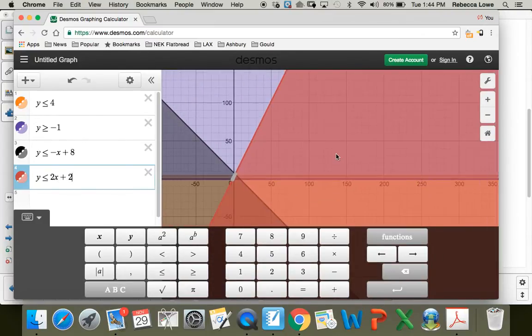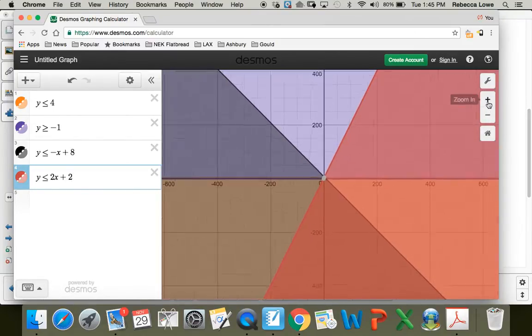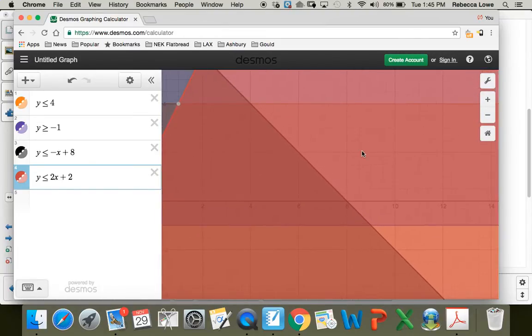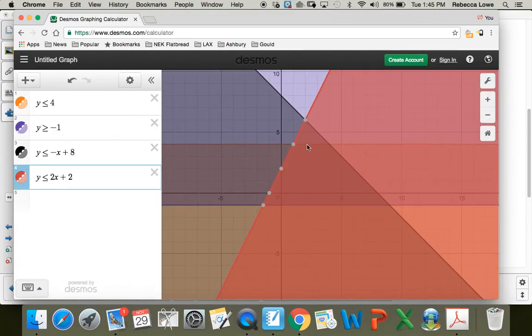So where the shading overlaps is the solution, and it's sometimes very difficult to see. But if I zoom in, I can see that the shading overlaps in this area right here. So what this is forming is a pentagon. This is the actual solution to the system of inequalities. The solution area is actually a pentagon.